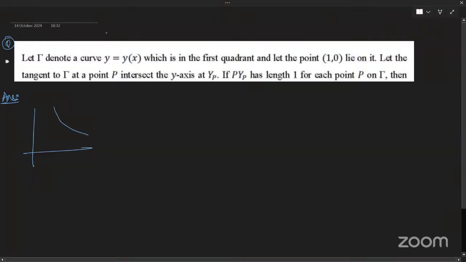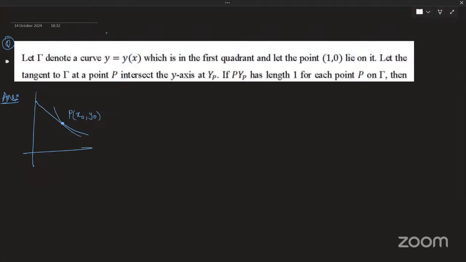What it is saying is, the point 1 comma 0 lies on it. The tangent to this curve at any point p, if I assume this point p as some point x naught comma y naught that lies on this curve, if I plot a tangent at this point p, it intersects the y-axis.